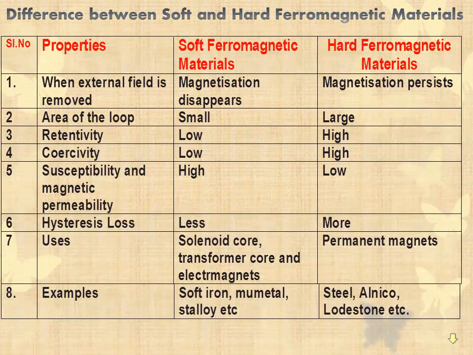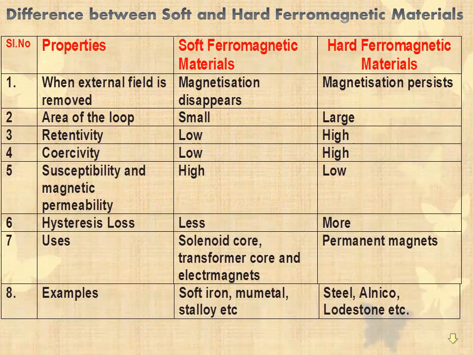Then the hysteresis loss is less in soft ferromagnetic material and it is very high in hard ferromagnetic material. Coming to uses, solenoid core, transformer core and electromagnets are examples for soft ferromagnetic material.